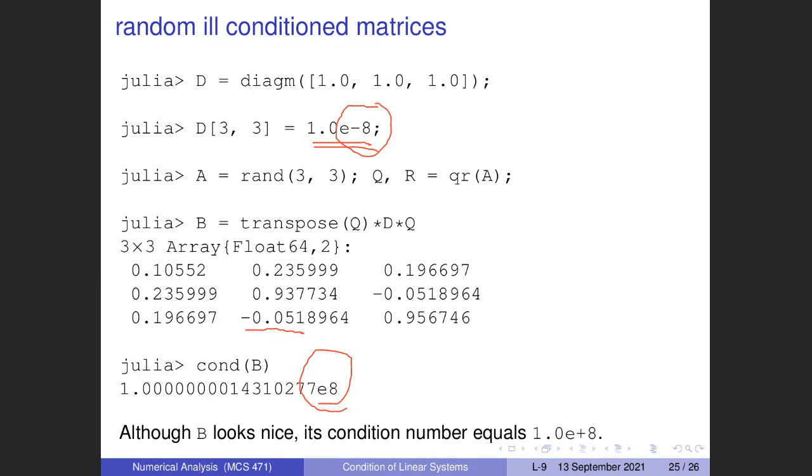But if you wanted 10 to the power 64, you could have accomplished that with 10 to the power minus 64, although then your working precision might also have to be that large. So I should say the experiment should always be within the bounds of the machine precision.